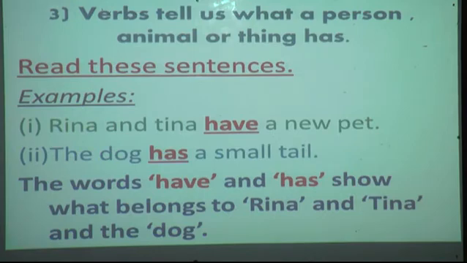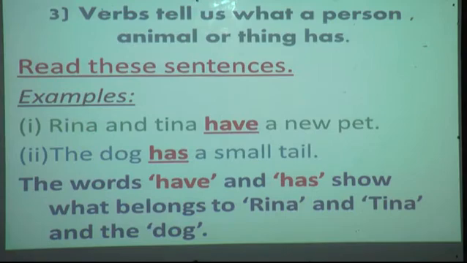The words have and has show what belongs to Reena and Tina and the dog. Can you see here, students, what the first sentence is telling? Yes, that Reena and Tina have a new pet. It means that the pet belongs to Reena and Tina. Whatever belongs to someone is a possessive noun. You know that, yes or no?